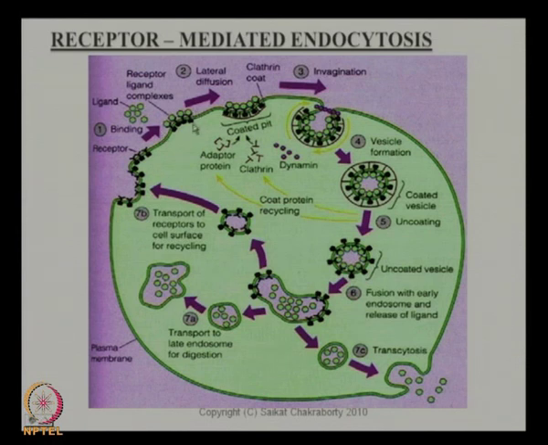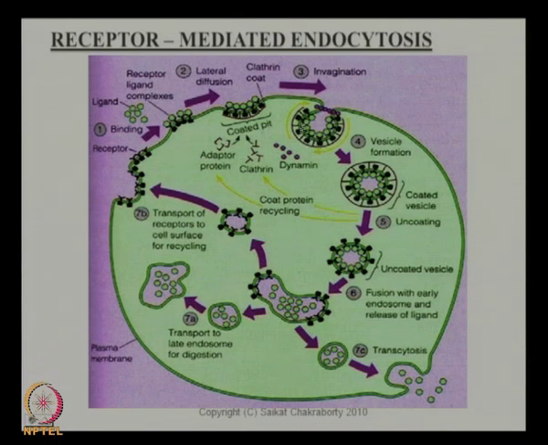Maybe the receptors are binding all right to the coated pit, maybe the internalization is all right, but within the coated pit not enough of those bound receptor ligands are localizing. If the bound receptor ligand is here or there or somewhere else, it makes no difference; it has to localize on the coated pit for a vesicle to be formed.